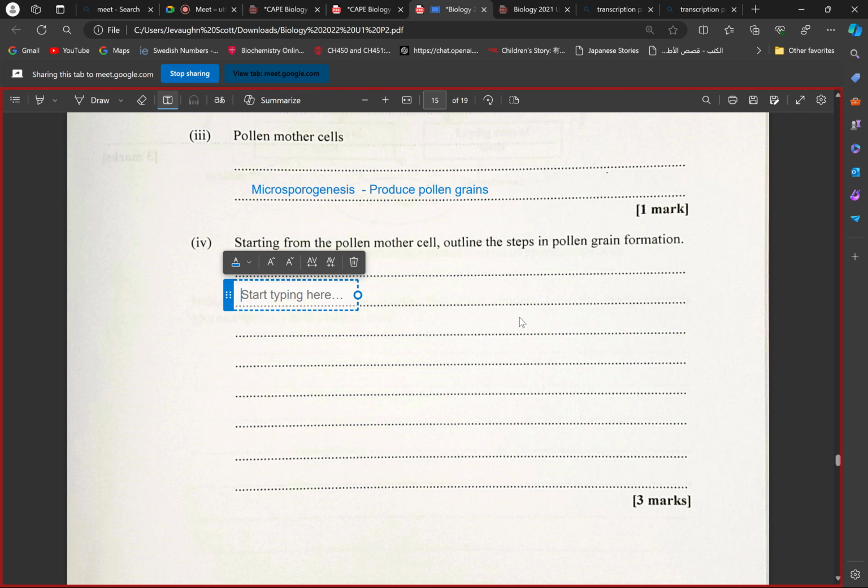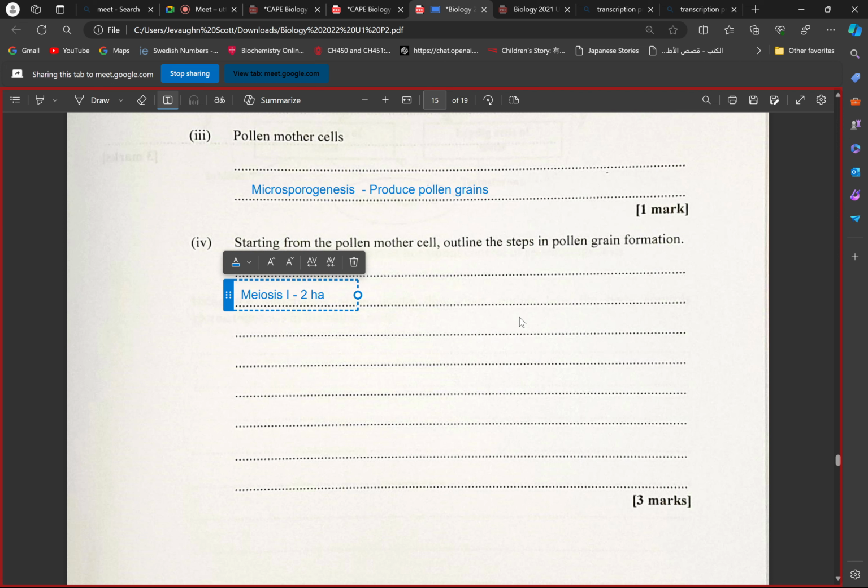The mitosis is done. So what now is meiosis? First, it undergoes meiosis. So meiosis one would give us what? It will give us four haploid daughter cells. Okay, wait, hold on. Meiosis one.